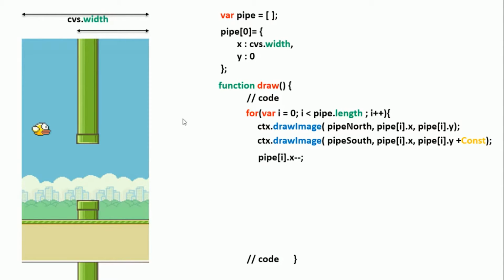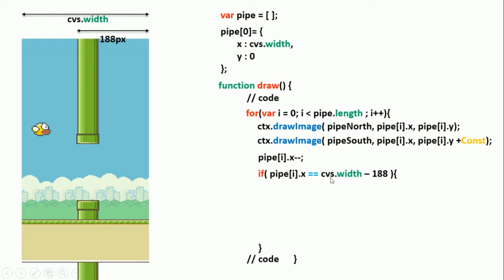And we then want to figure out at what point we want to add a new set of pipes into the array. So we need to play around a little bit. Canvas width minus about 188 seems a reasonable place to start, but we can play around and modify that value. And we want to be adding an element to our pipe array.